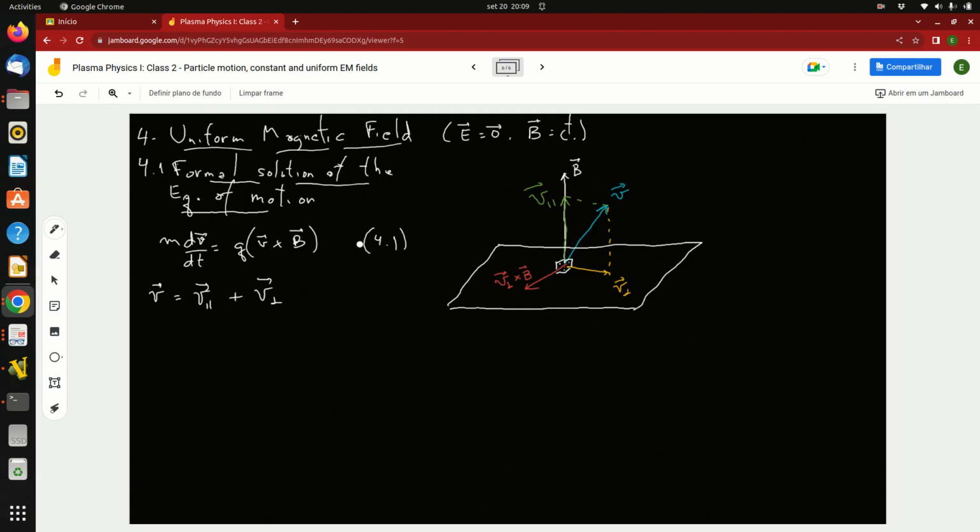If you use this in equation 4, we can write the equation of motion with two components.